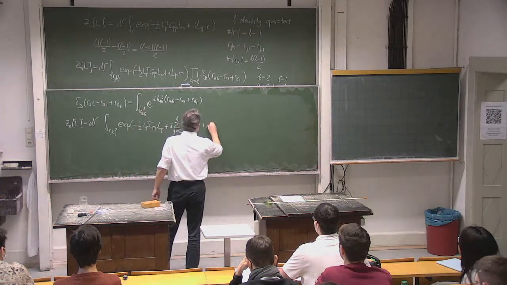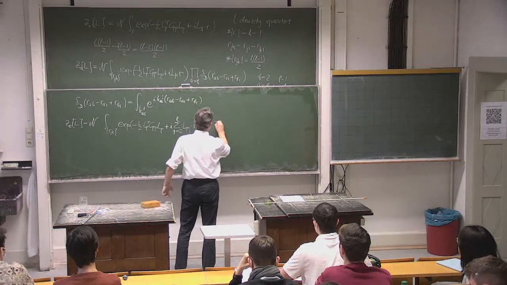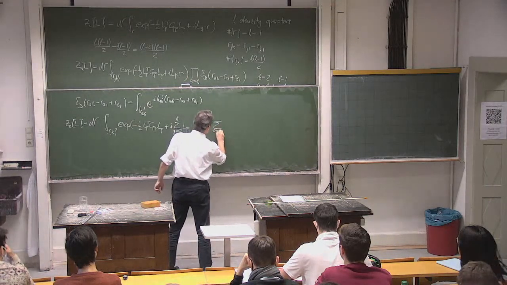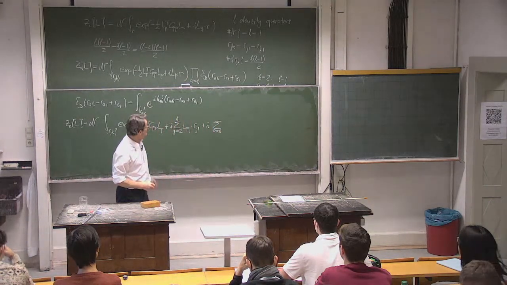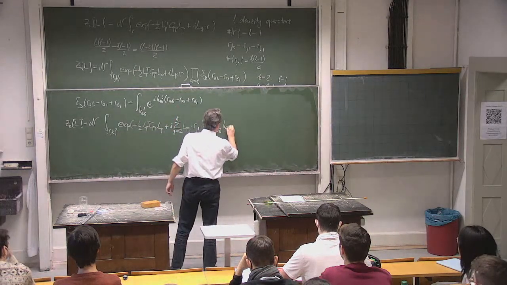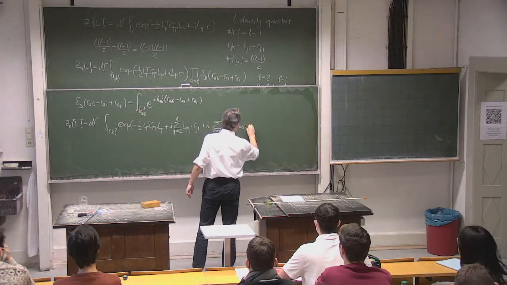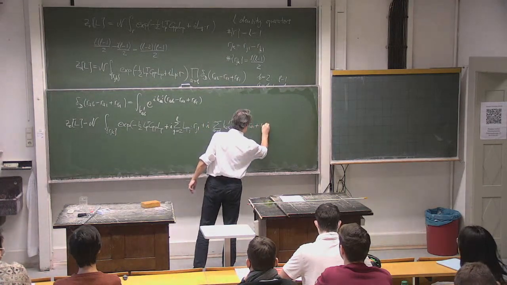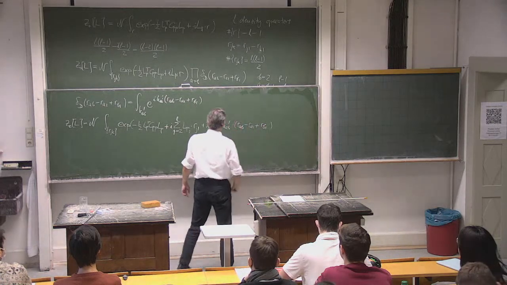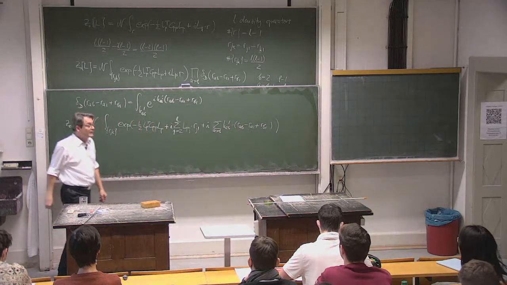And then I have plus I times the sum over A larger B over all these contributions here. KAB prime times RAB minus RA1 plus RB1. And now we are done.